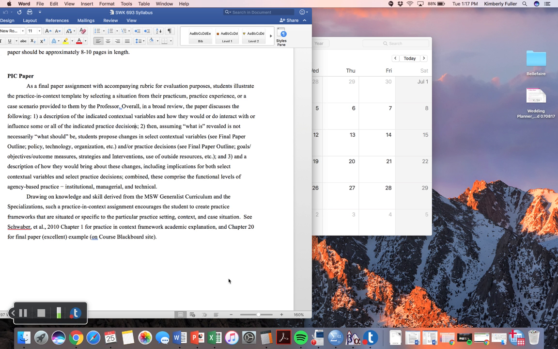So you want to be able to describe certain contextual variables and how they interact or influence practice decisions. What you're looking to do here is think about specific contexts, like a specific organization, maybe a state policy or an organization policy, perhaps a certain use of technology or access to technology, or you can talk about practice decisions.